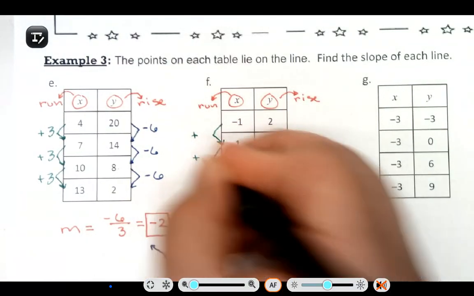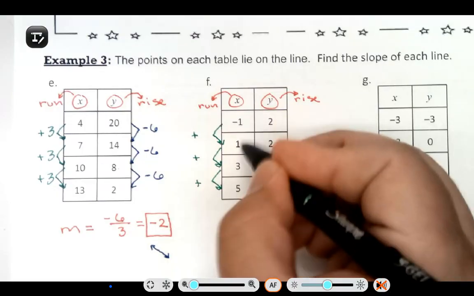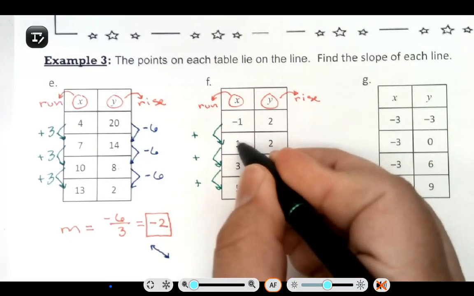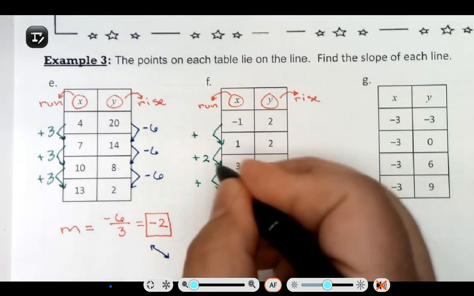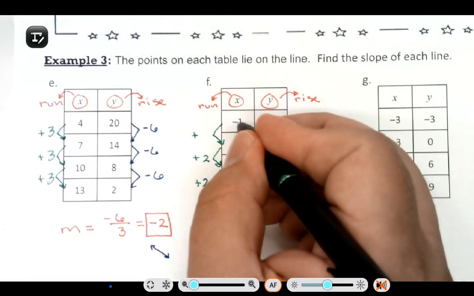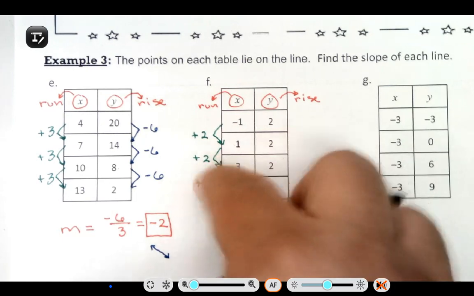So plus, plus, plus, let's see. -1 to 1. Now, if you find that first one a little tough to do because of the negatives, do the next two. Look, how do you go from a 1 to a 3? 1 plus 2 is 3. 3 plus 2 is 5. So then look, -1 plus 2 is a 1. All right, so we have our run.